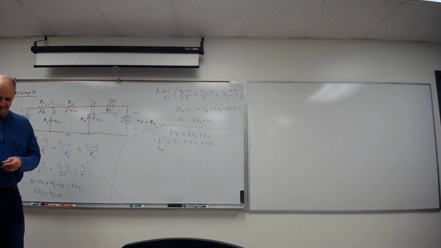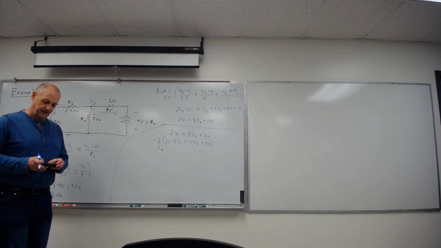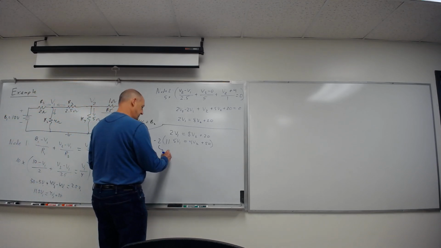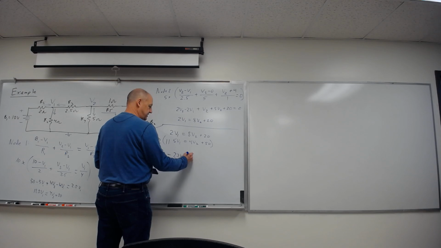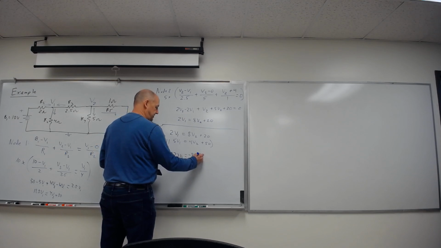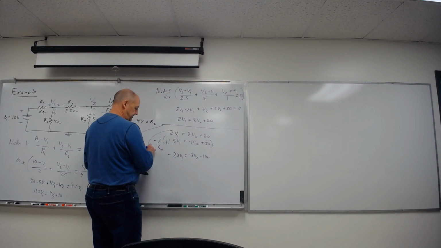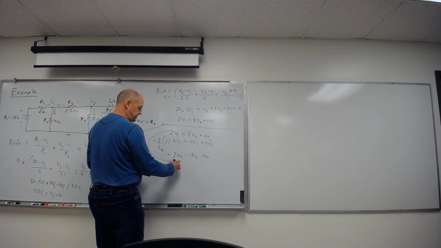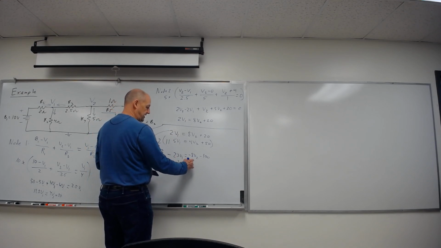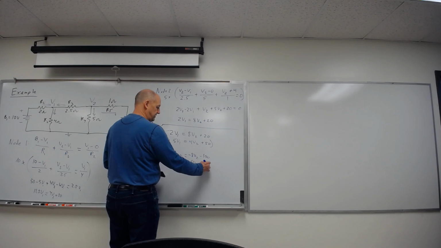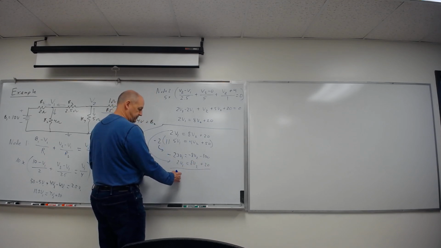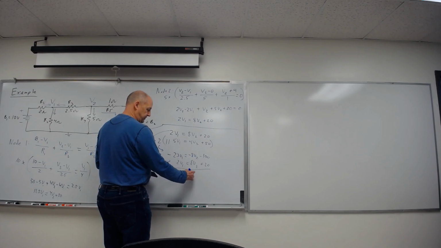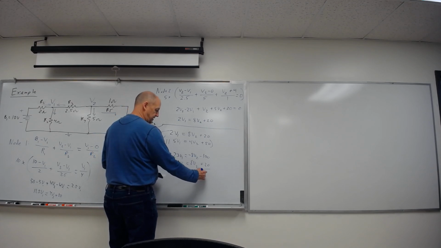Seems right. It's very early in the morning, so minus 23v1 equals minus 8v2 minus 2 times 50 is 100. I'll bring this equation down, and I have 2v1 plus 8v2 plus 20. Add these together, I get minus 21v1 equals 0 minus 80.